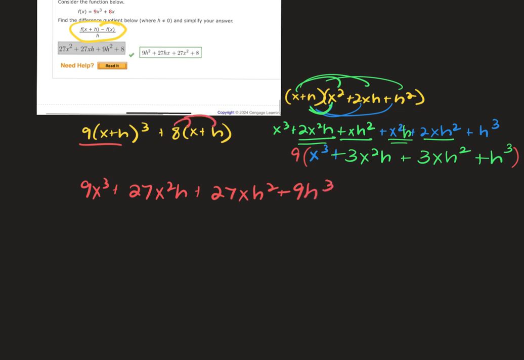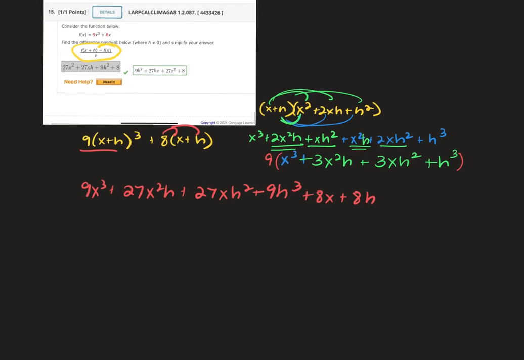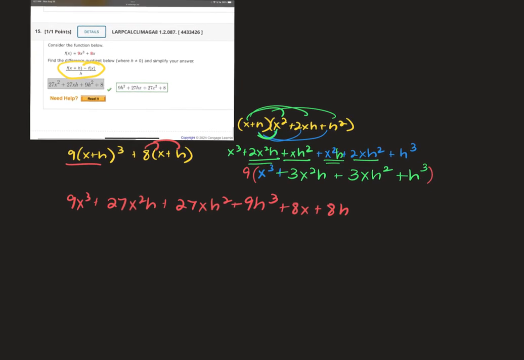Then I distribute the 8. So plus 8x plus 8h. And that is your f of x plus h. Then from that, you're going to subtract the original. I'm just going to change the signs instead of minusing and then distributing. When you change the signs, you get minus 9x to the third minus 8x. If you've done it correctly, you've got a positive 9x to the third and a negative 9x to the third, they cancel out.